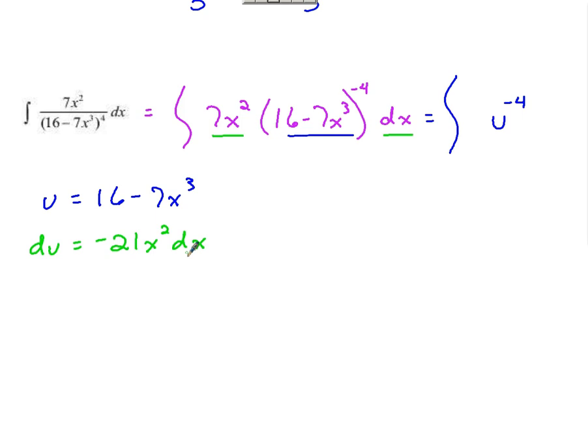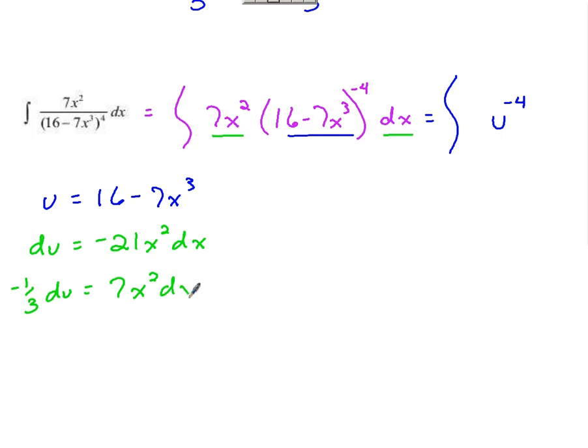So what could I do to both sides to make that 7 happen? I could divide by negative 3, right? If you divide by negative 3 to this du, I write negative 1/3 du. If I divide by negative 3 to this side, well, that gives me that 7.